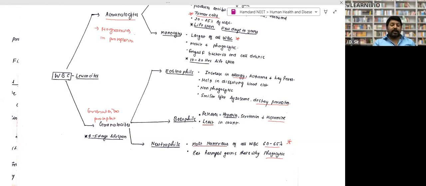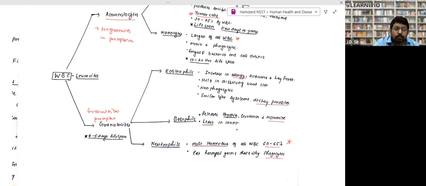Heparin is an anti-clotting agent found in our blood. It does not allow blood to clot inside our body. Clear?